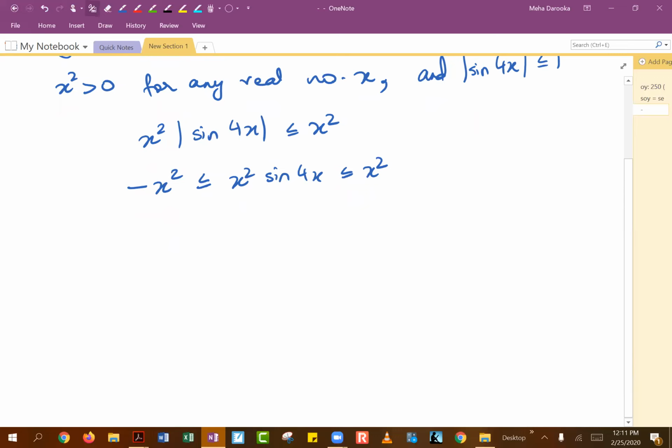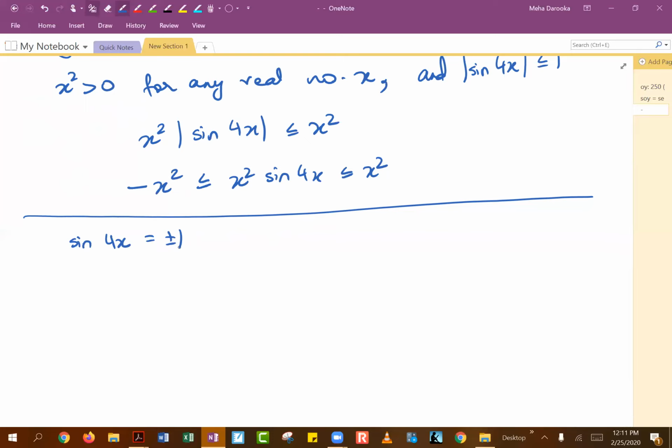So let's do that a little bit separately from here. You are given sine of 4x, and we know sine of 4x can give us a value somewhere between +1 and -1. Just for a sine function, where do you have the 1 values?